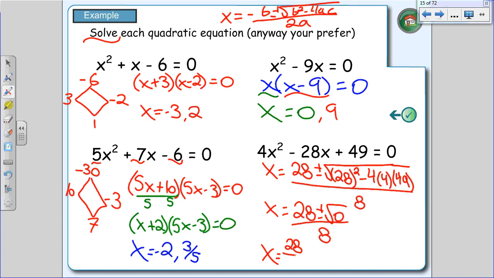Realistically, we would change that into a simpler fraction, which would be 14 over 4. Oh, 7 over 2 would be easier. And then we would change it to a decimal, 3.5, just because it is a nice exact decimal, meaning that it terminates. If you have a terminating decimal, that's typically how you find it.